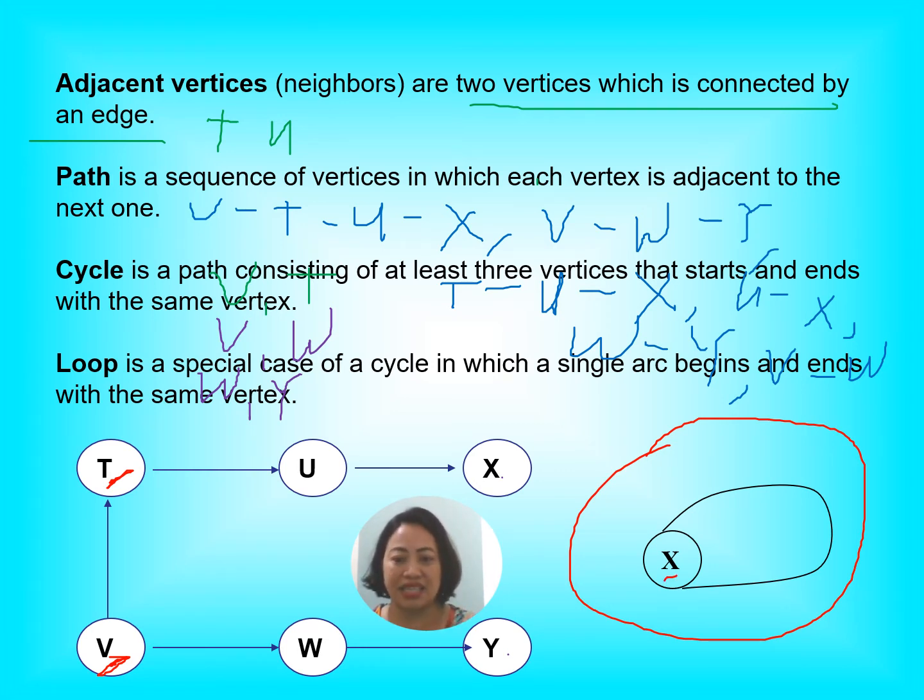So we call that a loop. Okay, it is possible that in this graph, it could have a loop. It could have more than one loop.